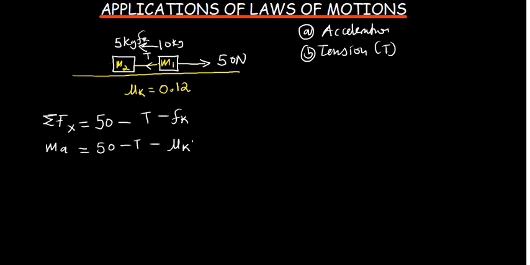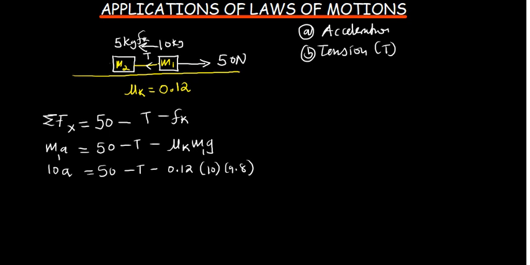Now mass, remember we're talking about m1 here. So m1, the mass is 10, multiplied by the acceleration, that is going to be 50 minus tension minus mu k, the coefficient of kinetic friction, which is 0.12, multiplied by m1, which is 10, multiplied by g, which is 9.8. The thing is, if you miss anything here, you are going to get it wrong.